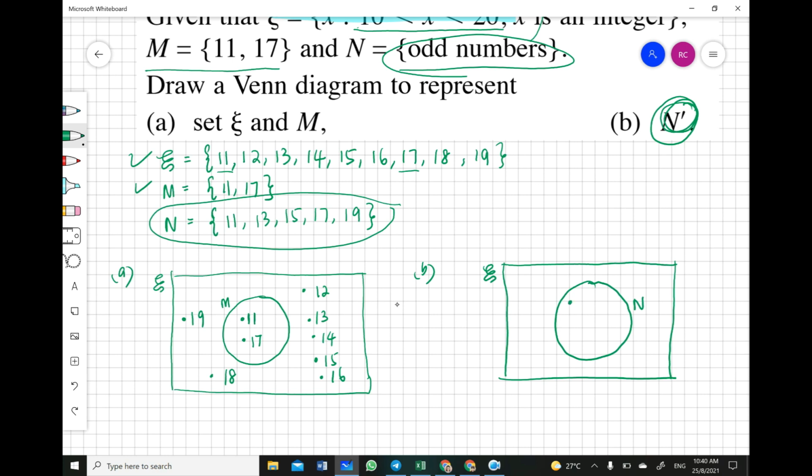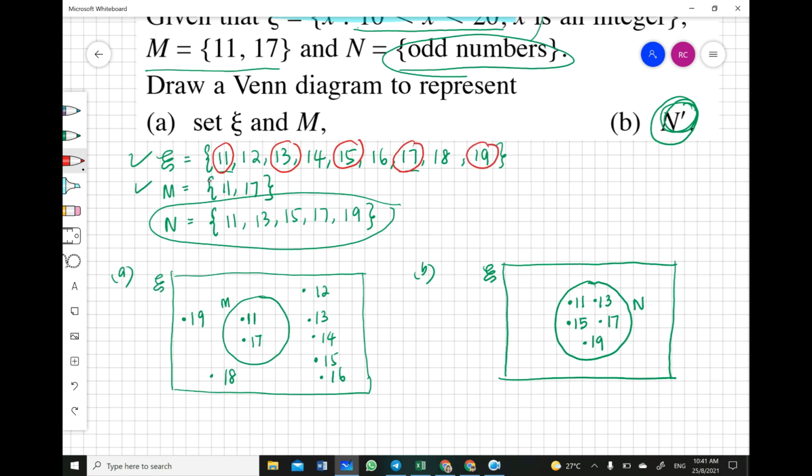So I have the elements 11, 13, what else? 15, correct, 17, 19. Now I need to find the complement of set N. I'm going to circle the numbers that are in set N first: 11, 13, 15, 17, 19.